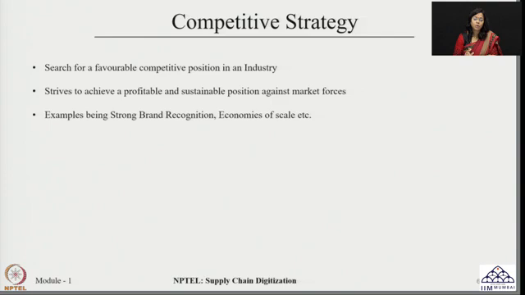And if you talk about what these possible strategies are, some companies are focusing on creating a strong brand recognition, that is, offering products which are accepted because of the brand which is offering them, or sometimes it can be based on economies of scale, where the companies are trying to take the benefit of economies of scale.